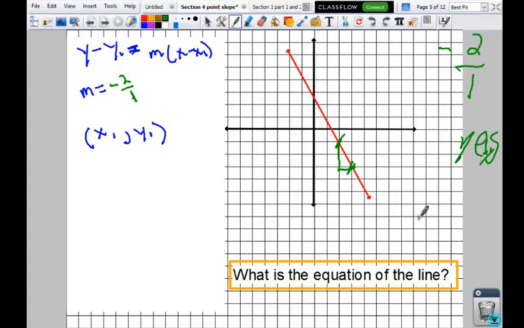Alright, so Jared, you can use whatever point on this line that you want. It doesn't have to be one on there. Whatever point you want is fine. Yeah, we're still on the same one. Pick the one you use then. Whatever one you want to use.